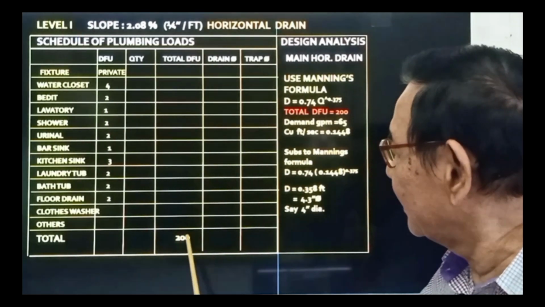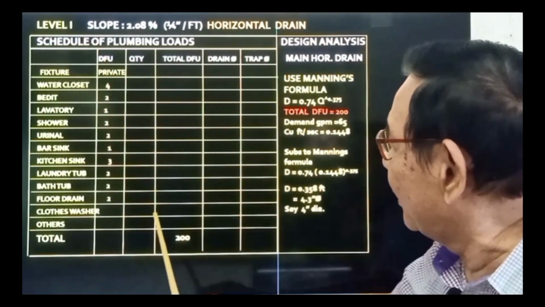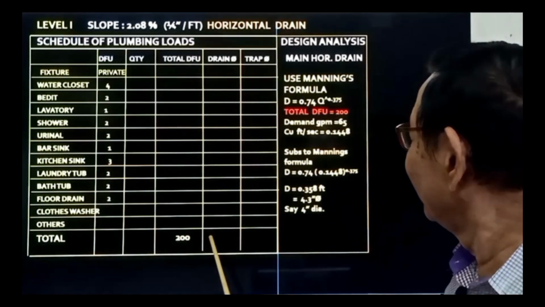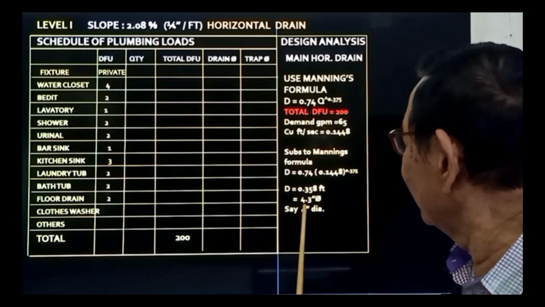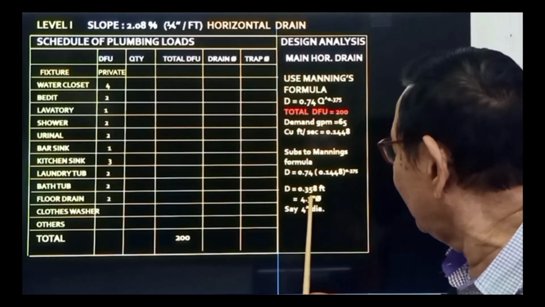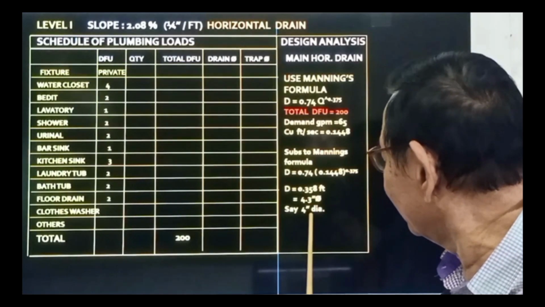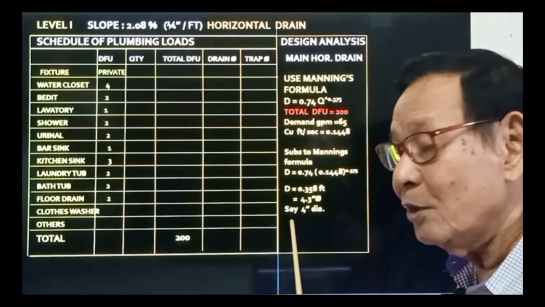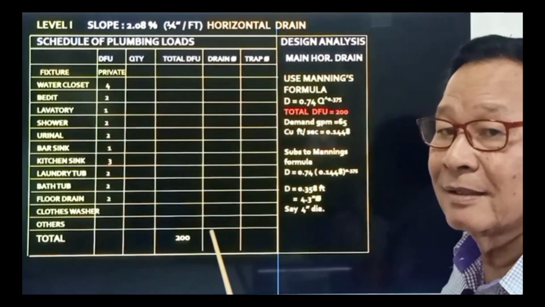The last is level I, where you have 200. The diameter there is 4.3. Should it be 4 inches or 5 inches? But we don't have 5 inches, so you may say 6 inches.